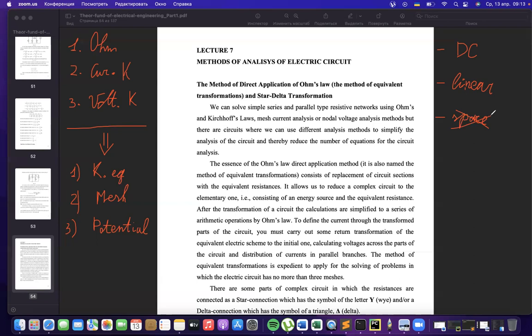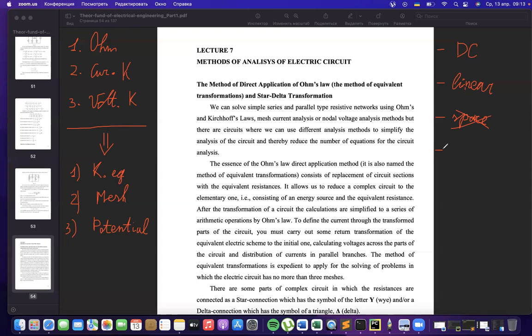We just represent them as a material point, just a point which has this resistivity. And also, all processes are established long ago in time.